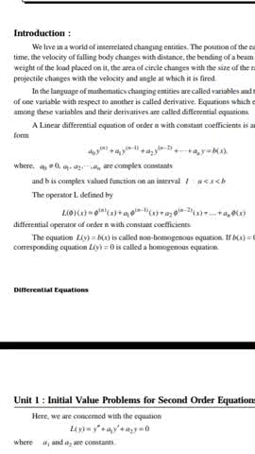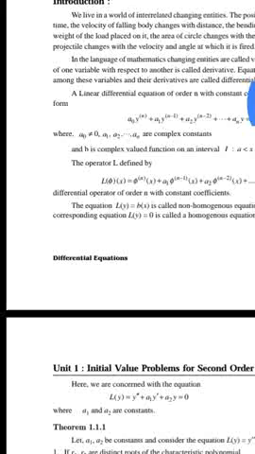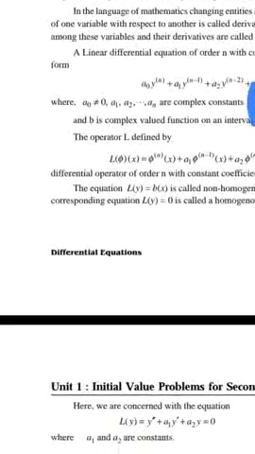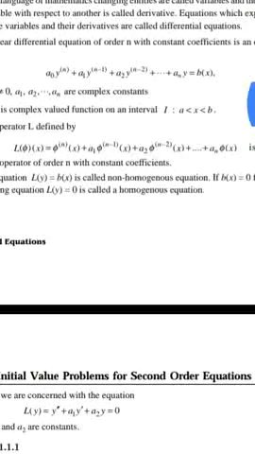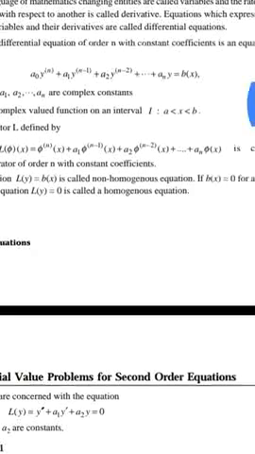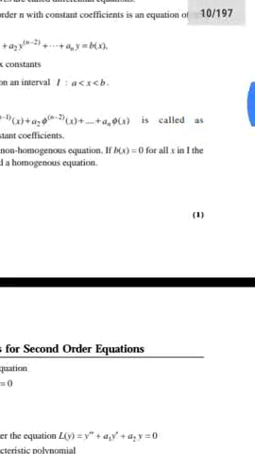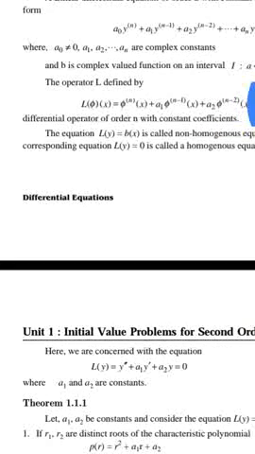A less than x less than b, the operator L defined by L of phi of x is equal to phi^(n) of x plus a1 phi^(n-1) of x plus a2 phi^(n-2) of x plus ... plus an phi of x is called the differential operator of order n with constant coefficient.